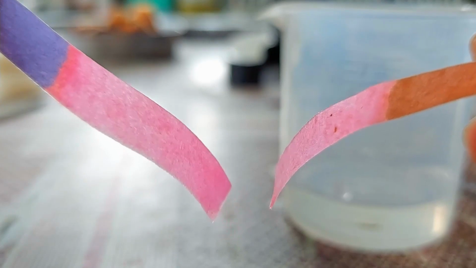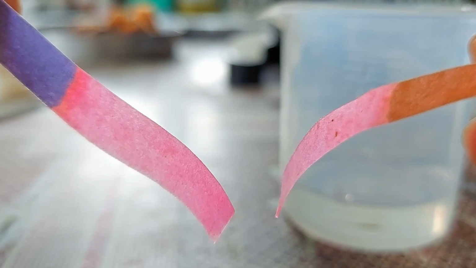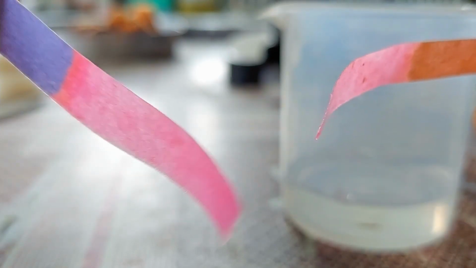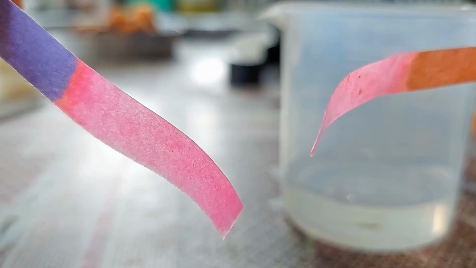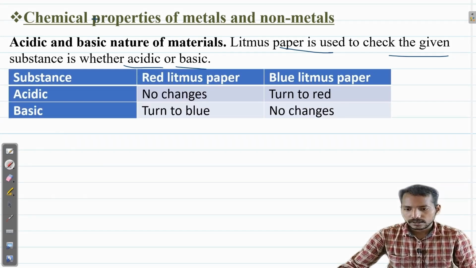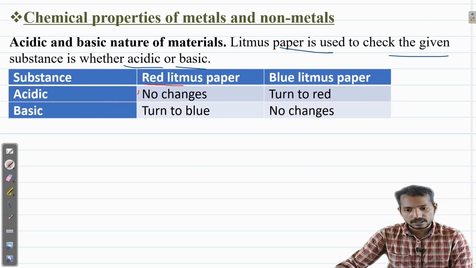Now similarly, if you dip these two litmus papers in a basic solution, the red will be changed into blue and blue will stay blue itself. Clear? Okay. On the basis of our observation, we can sum up the result. In case of red litmus paper, if it is dipped in an acidic solution, there will not be any color change.